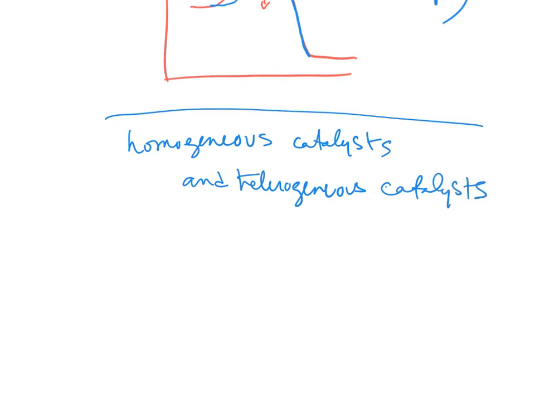So the difference between them, homogeneous, every single part of the system is the same phase. And heterogeneous, at least one has a different phase. Sometimes the catalyst itself has a different phase.